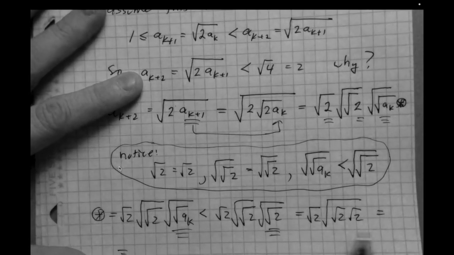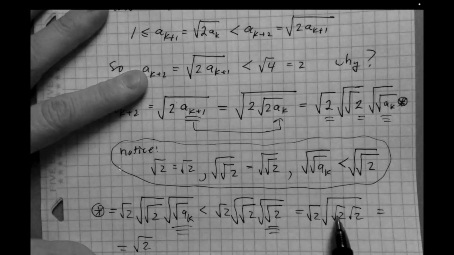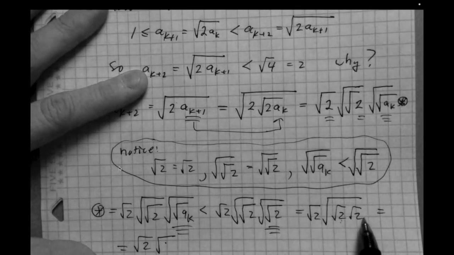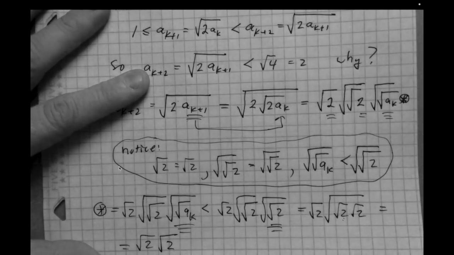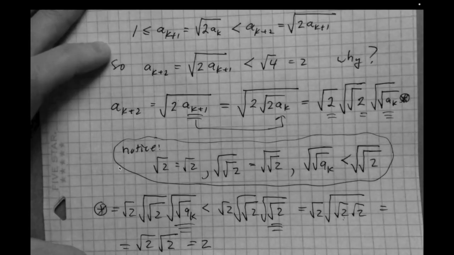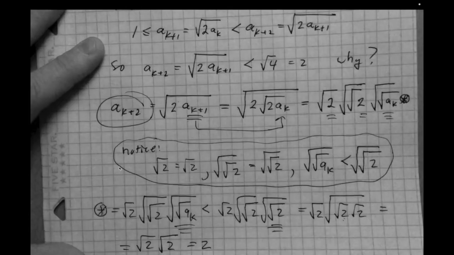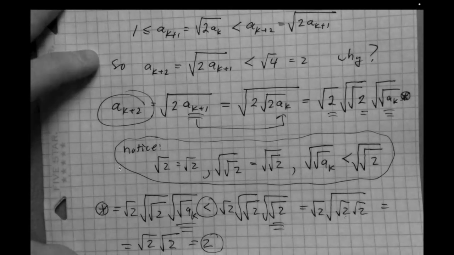So if we recombine these things, what do we get? You've got the square root of 2, and then the square root of the square root of 2 times the square root of the square root of 2. Sorry, the square root of 2 times the square root of 2 is 2, and that's all under the square root, so you have the square root of 2 times the square root of 2, and so this is just equal to 2. What we've shown here is that a sub k plus 2 must be less than 2 also.